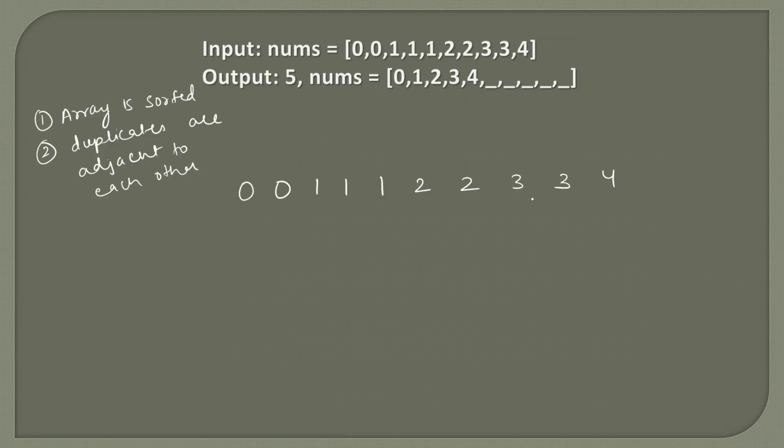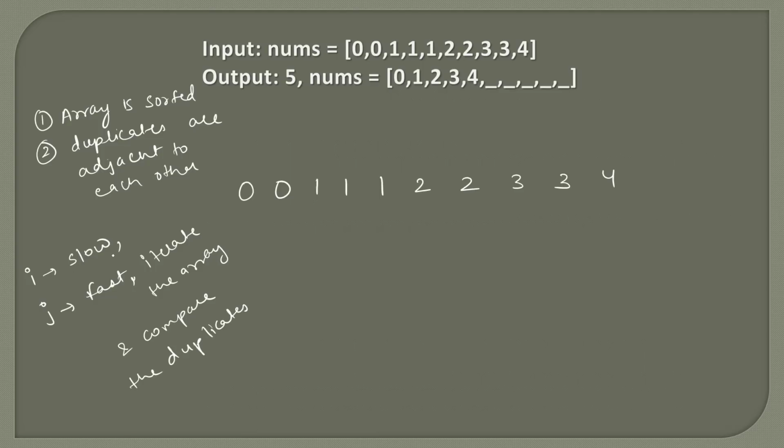Now how we will solve this problem is we will take two pointers i and j. So here j will traverse each and every element of this array. So therefore it's a fast pointer and i will move slowly. So it's a slow pointer. Now the purpose of j is to basically iterate the array and compare the duplicates.